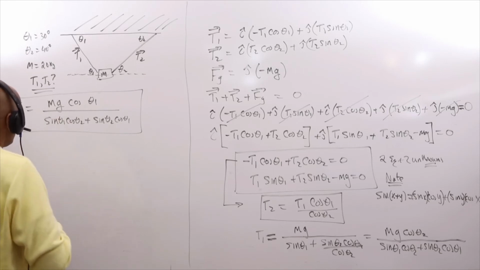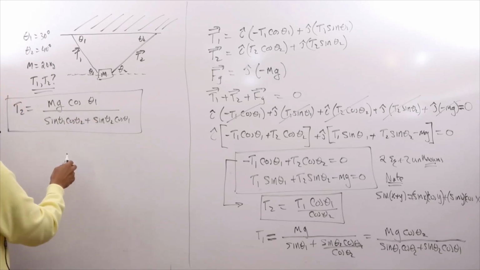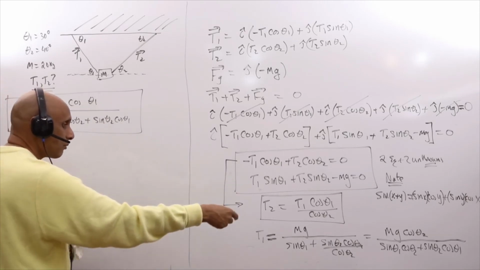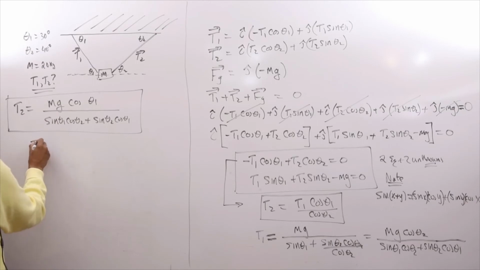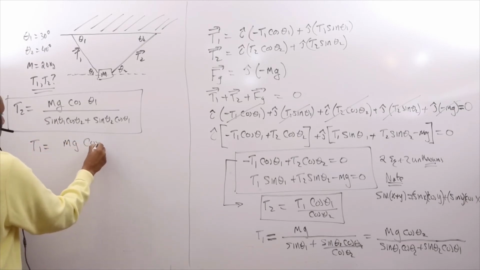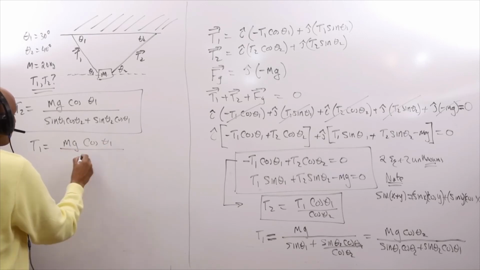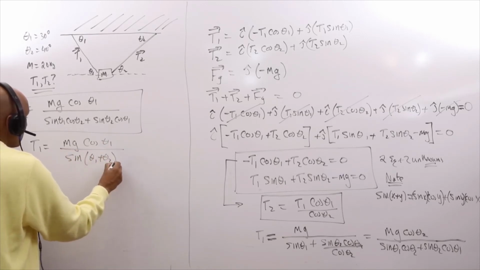Actually, I am a little bit lazy, so let me simplify this into the standard formulas. If you remember, these are double angle formulas. So what you're saying is that T1 is really mg cosine of theta 1 over sine of theta 1 plus theta 2.